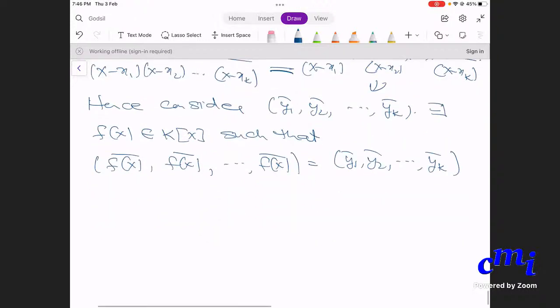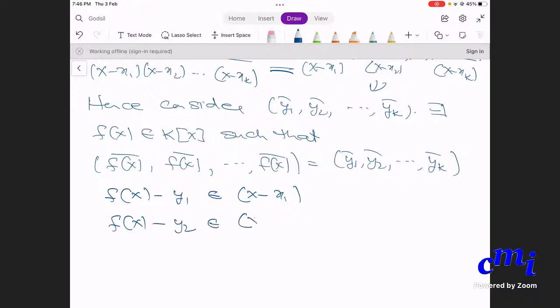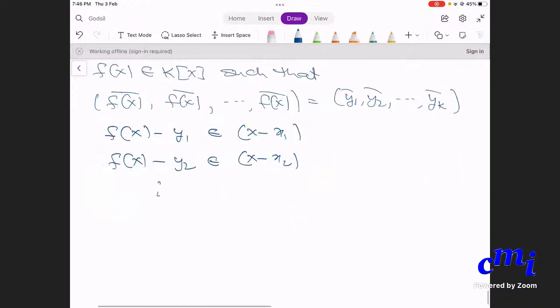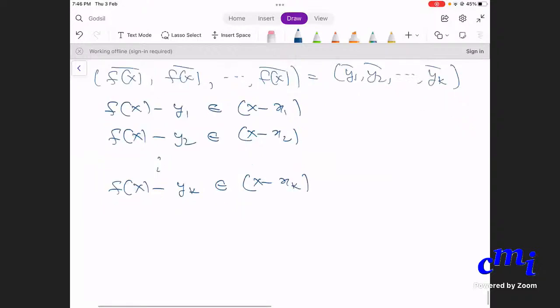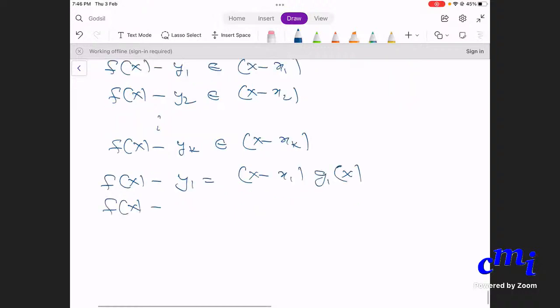What does this mean? This means f(x) minus y1 belongs to the ideal (x minus x1), f(x) minus y2 belongs to (x minus x2), up to f(x) minus yk belongs to (x minus xk). That means f(x) minus y1 equals (x minus x1) times some g1(x), f(x) minus y2 is (x minus x2) times g2(x), and so on.